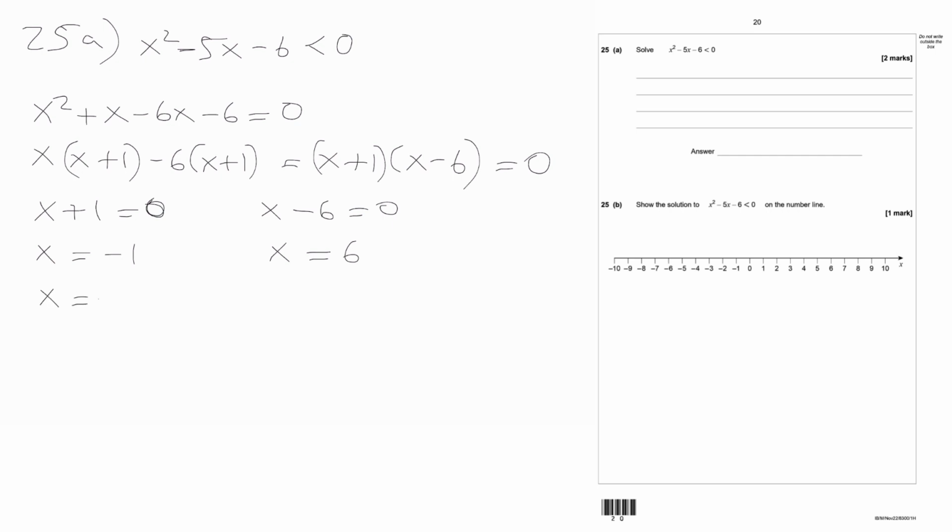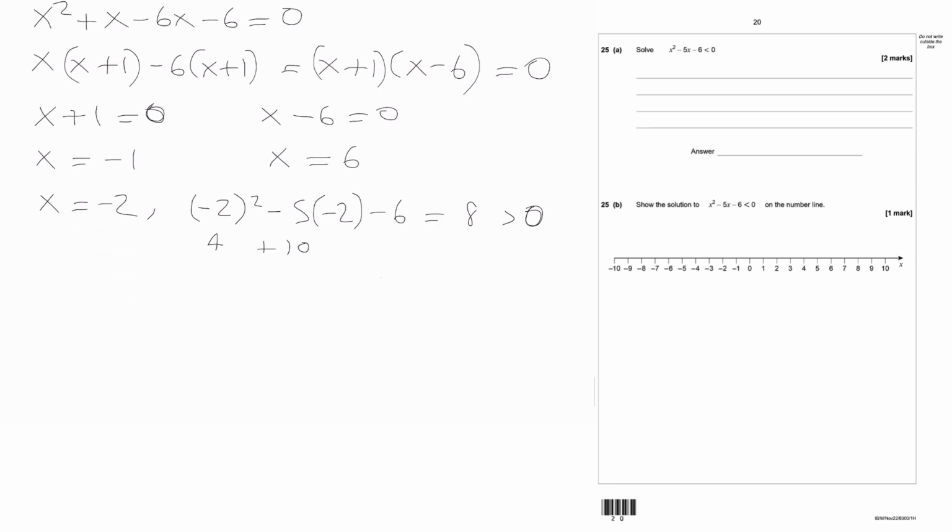So now let's test around the boundaries to see where the quadratic is less than 0. If we take the value x equals minus 2 and plug this into our quadratic, we get a solution of 8. We know that 8 is greater than 0, so minus 2 is outside of this region.